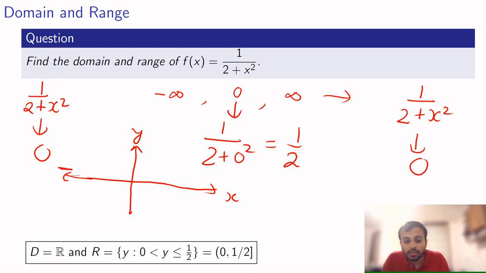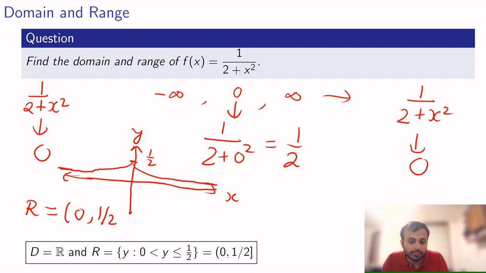When you are at plus infinity, a very high positive number, you are still here, and at 0 you are at half. So you can just connect these points and the graph should look like this. Now you can see that this function can have a value from 0 to half. So that is why the range is basically 0 to half.